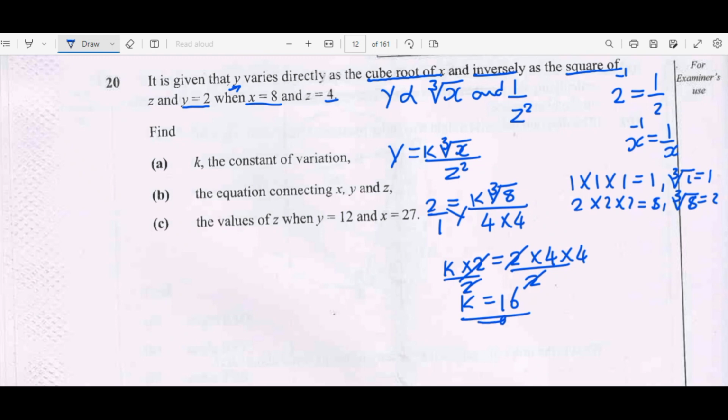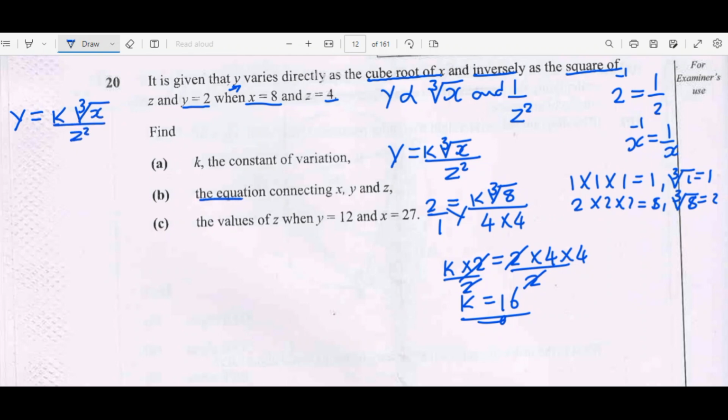We move on to question B. For question B, they just want the equation connecting x, y, and z. So the first step is you write the equation that you formed. So y is equal to k times the cube root of x divided by z squared.